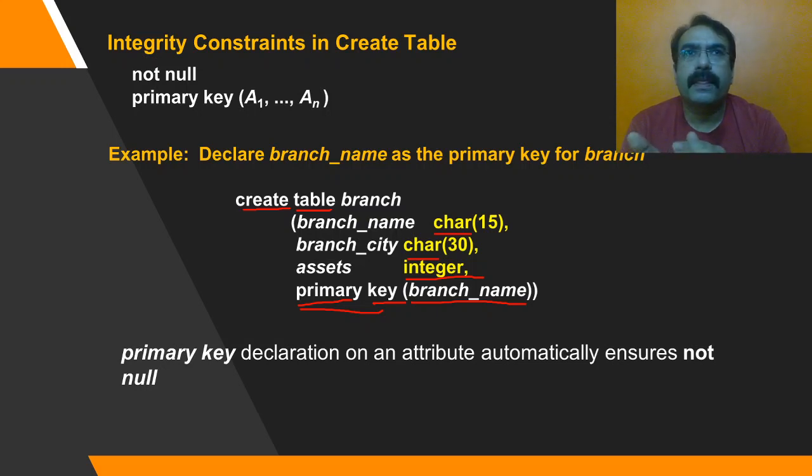Like say depositor: create table depositor, account number, say character 10 not null, and customer name character 30 not null. In both cases we'll have to mention not null, so that it will be understood that this is a relationship table.